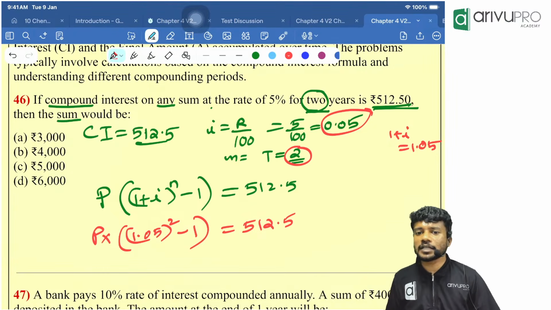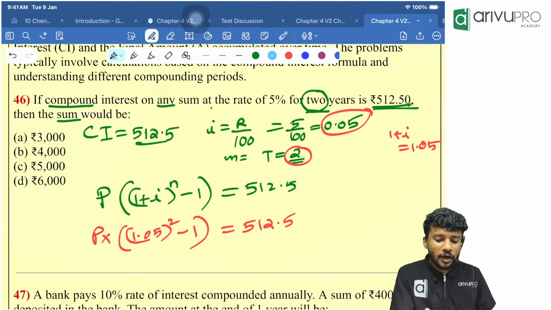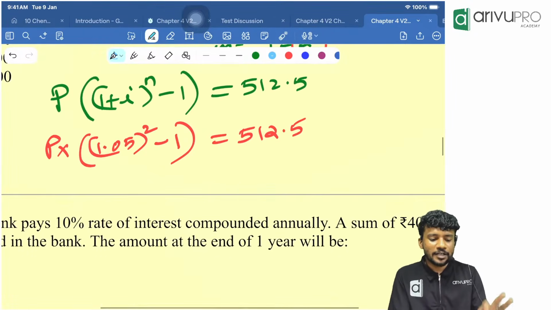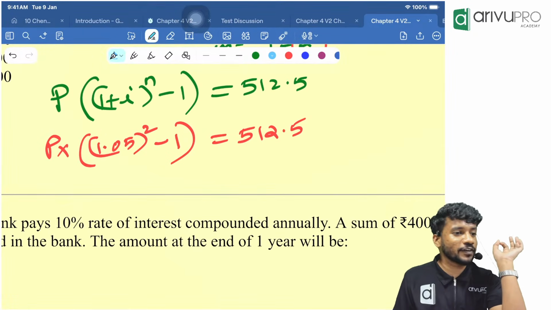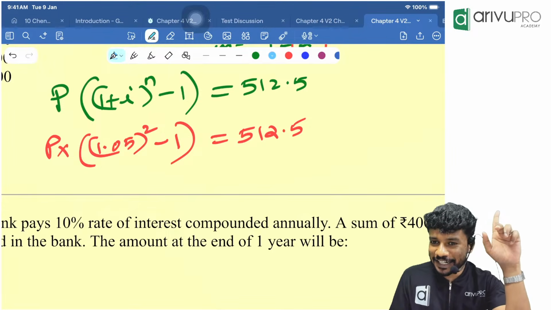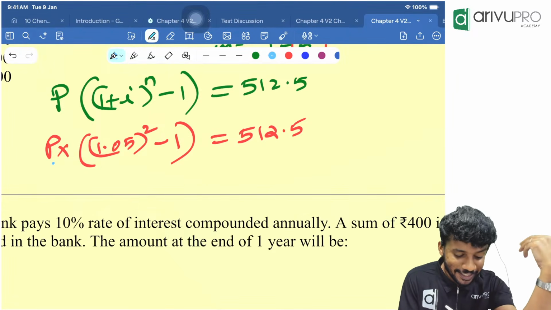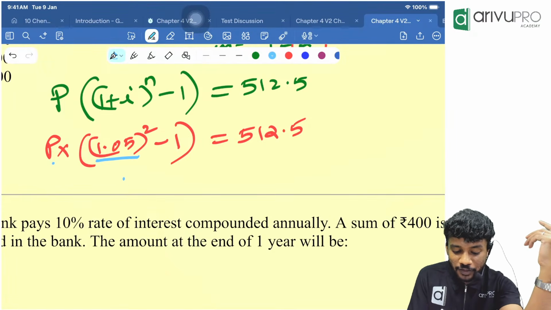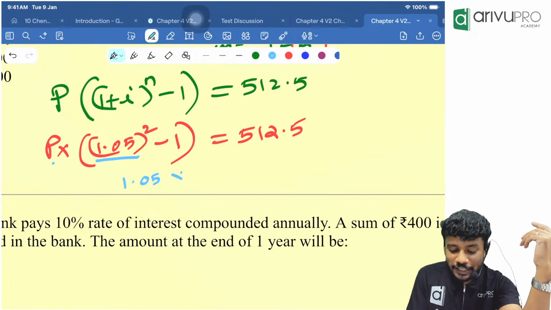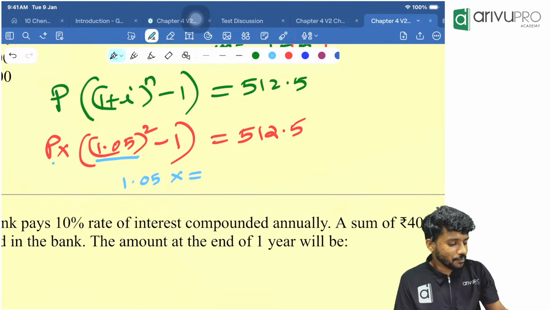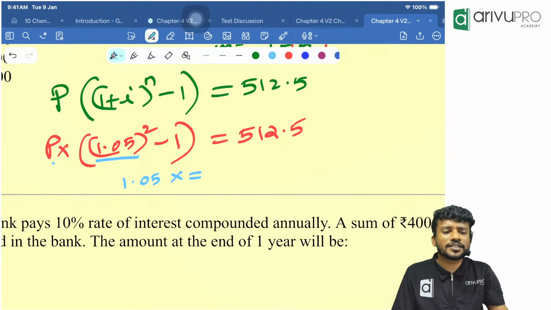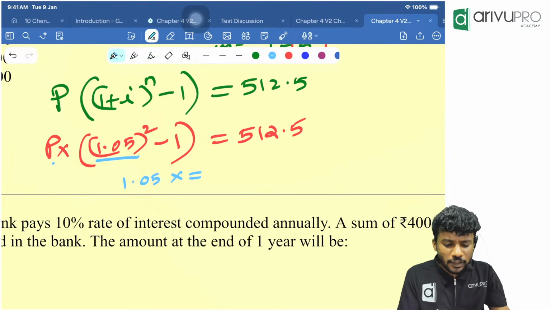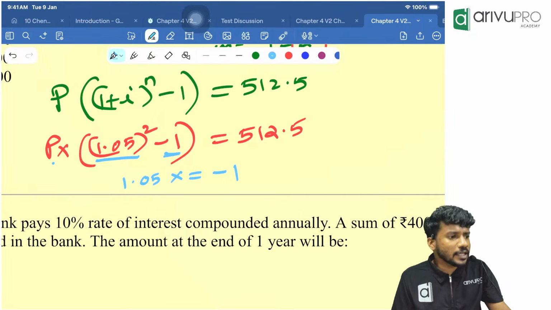Take your calculator. Do this along with me. If you want to find the value of x, you will find who is with your x. Remember that. Similarly, if you want to find the value of P, find who is with P. First find this: 1.05 into equal to. How much did you get? 1.1025 something. Then minus 1.